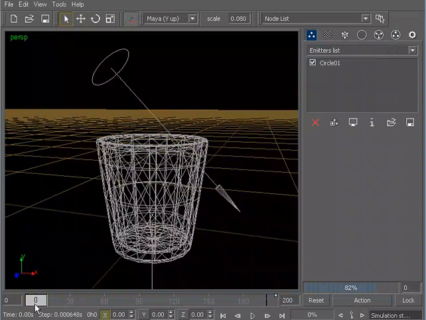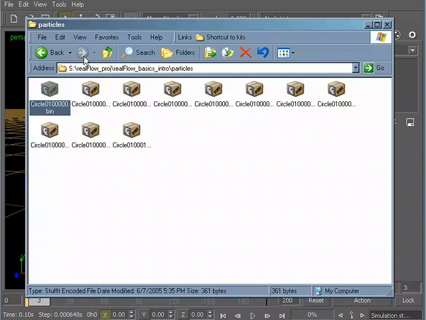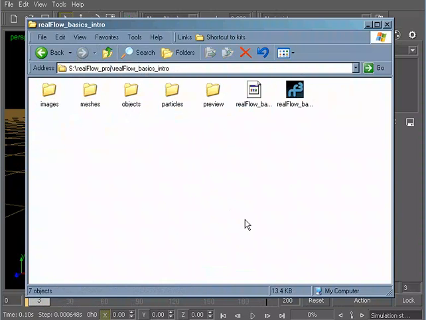So what we're basically seeing is sort of like an image sequence, except it's a particle sequence. For every single frame, it's loading up one of these bin files that have already been cached. And that is, again, going back to the first lesson where I said that setting up your whole project is pretty important for that reason.